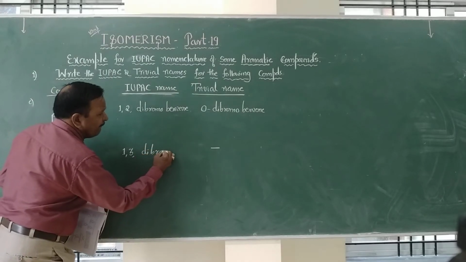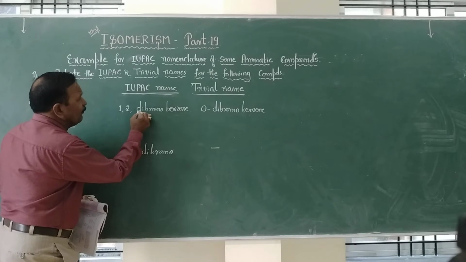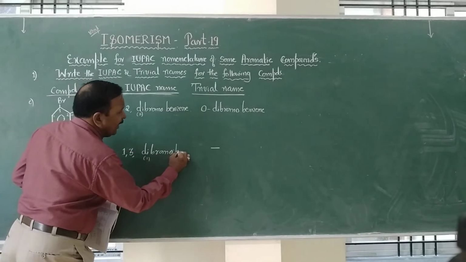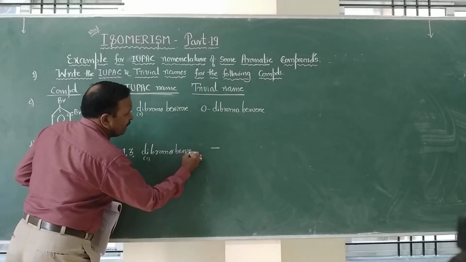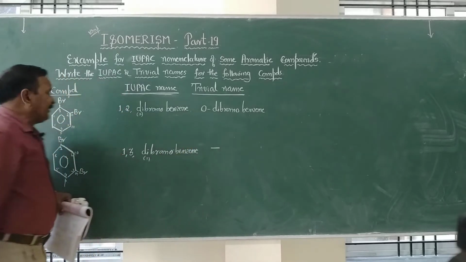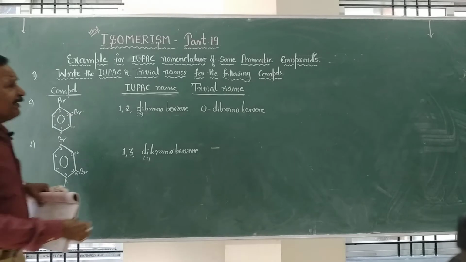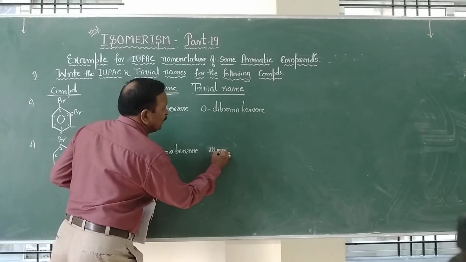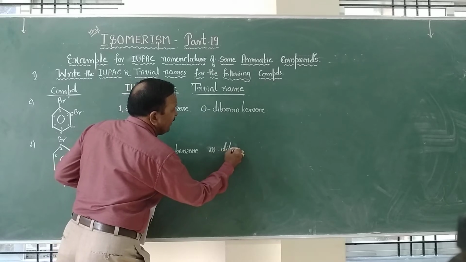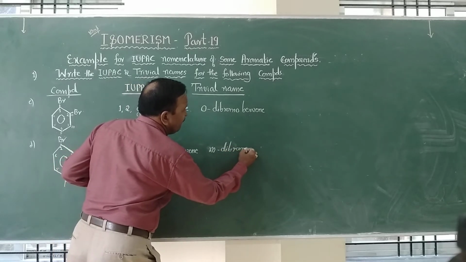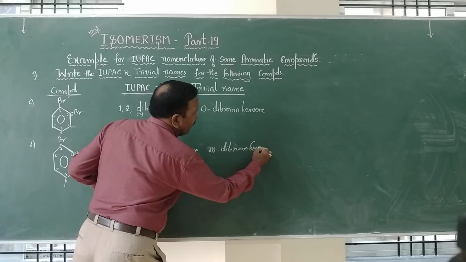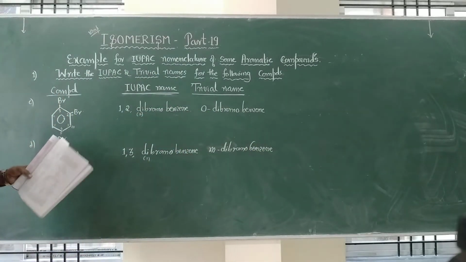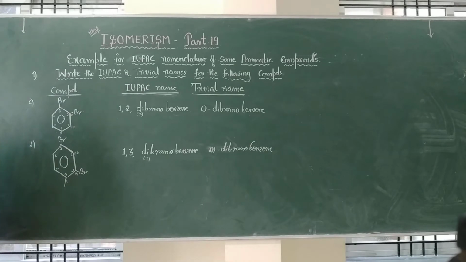Dibromo shows 2 bromines are there, as usual benzene. And if you want a trivial name, at a meta position, bromine group is there with respect to already 1. Meta dibromobenzene. This is how you have to name the compounds.